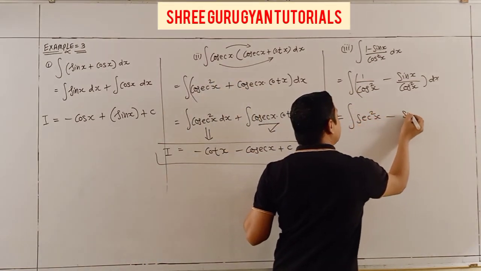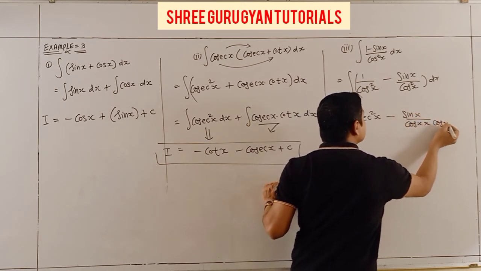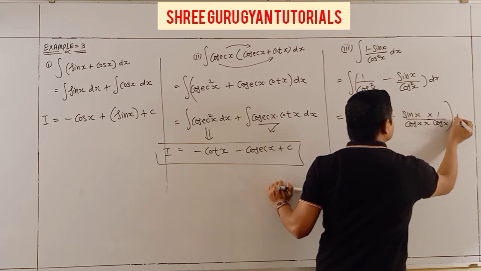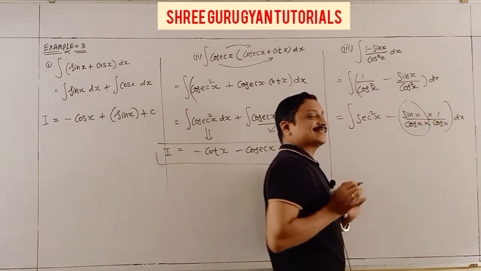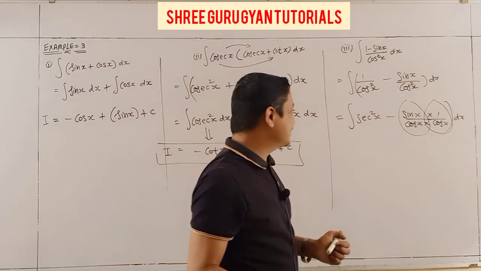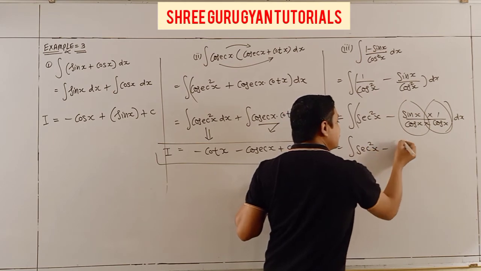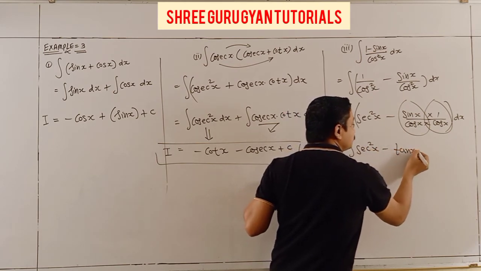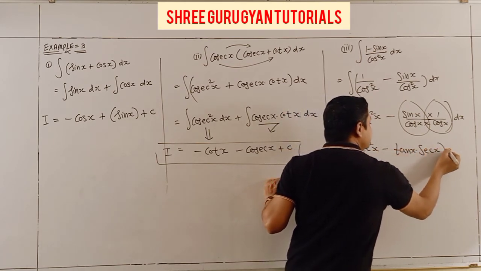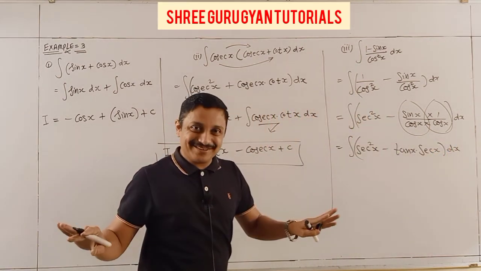But can we write here one of the cos and cos here into 1? Actually this is tan x, and that is sec x. So my data is the integration of sec square x, here tan x into sec x dx.